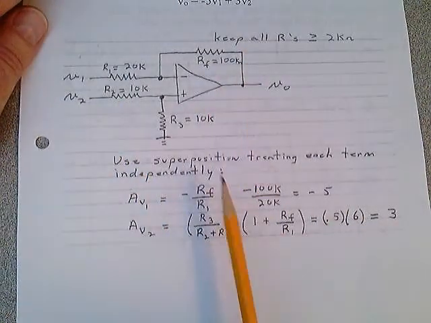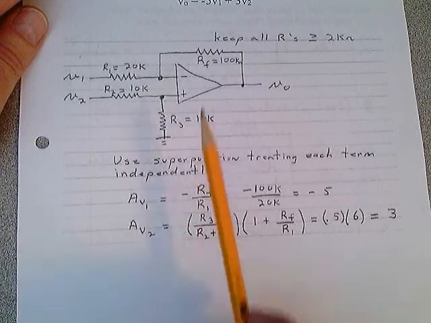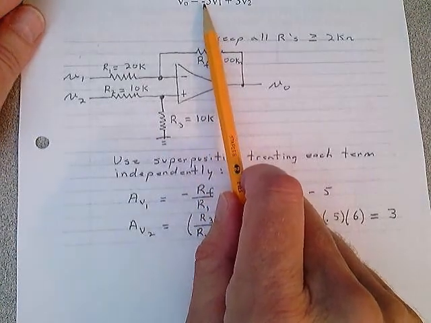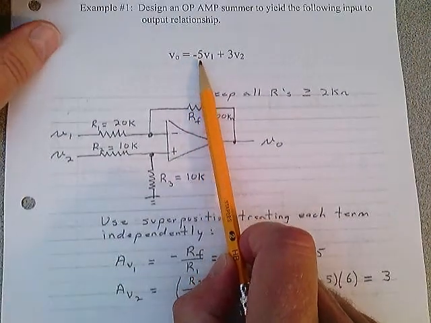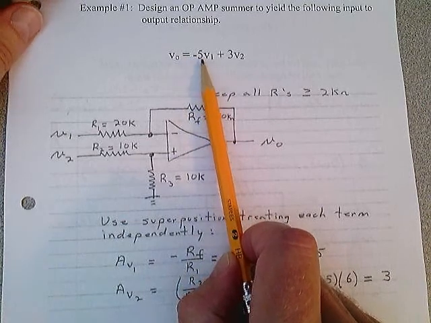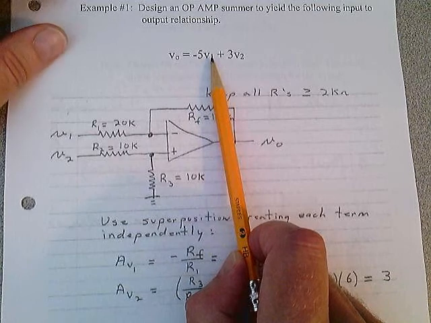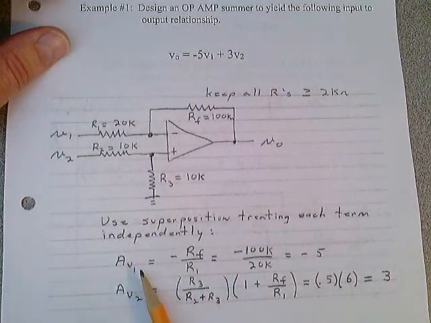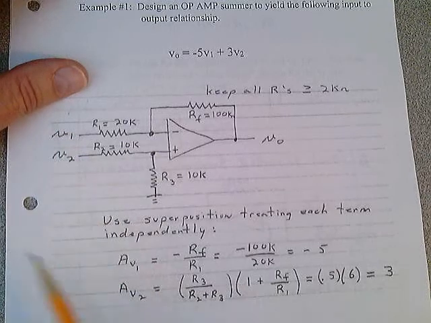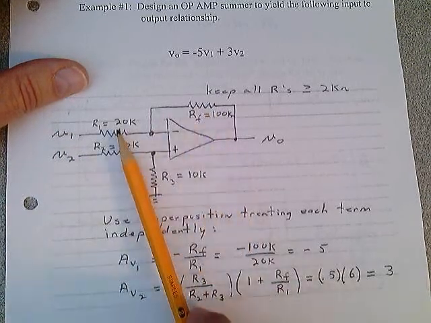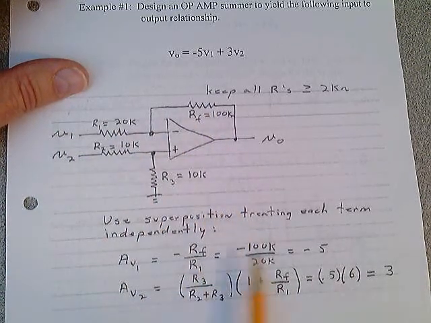Well, the first thing you do in a problem like this is you have to calculate the gain for the negative slope up here, this minus 5 on the V1. So you know that the gain from voltage V1 is a minus RF over R1. So we have an infinite amount of choices here.